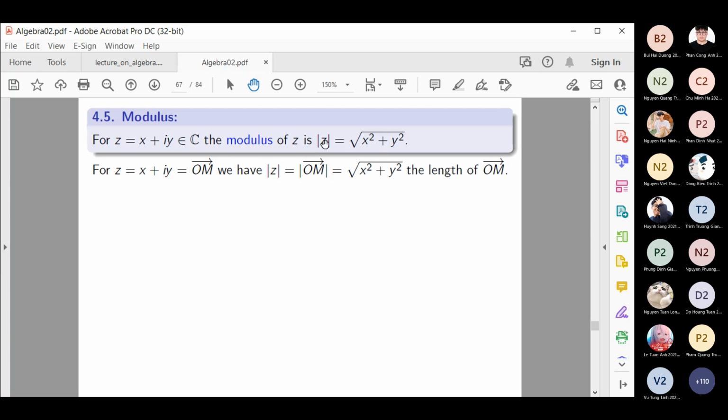But now z is a complex number, so the modulus of z is simply the square root of x squared plus y squared, the sum of the squares of the real part and imaginary part. Actually, this is the length of OM, when you use a vector OM to represent the complex number z.